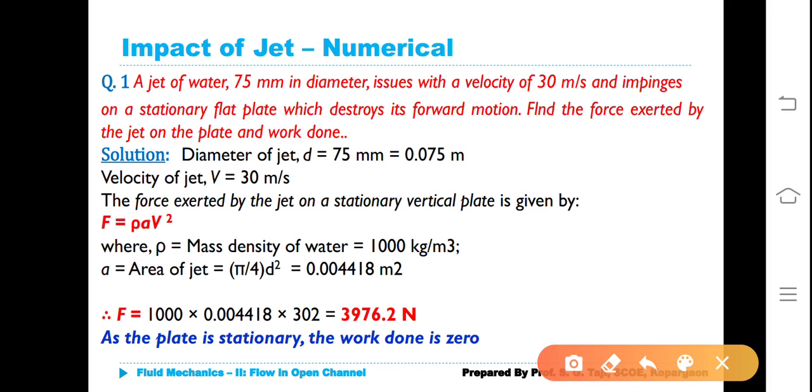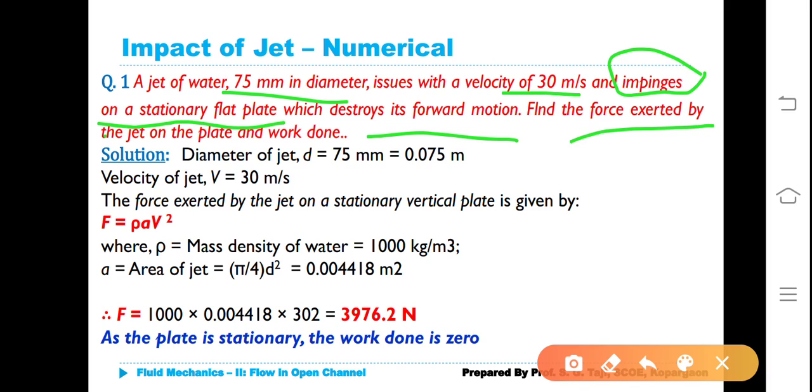Numerical problem 1. A jet of water 75 mm diameter ejects with a velocity of 30 meters per second and impinges on a stationary flat plate. Impinges is the technical word; it means strikes the blade, which destroys its forward motion.